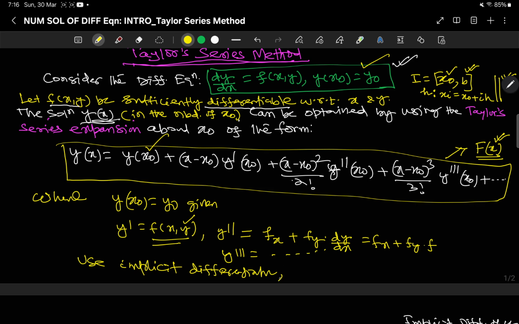And find y dash, y double dash, y triple dash, etc. at given x, at x0.